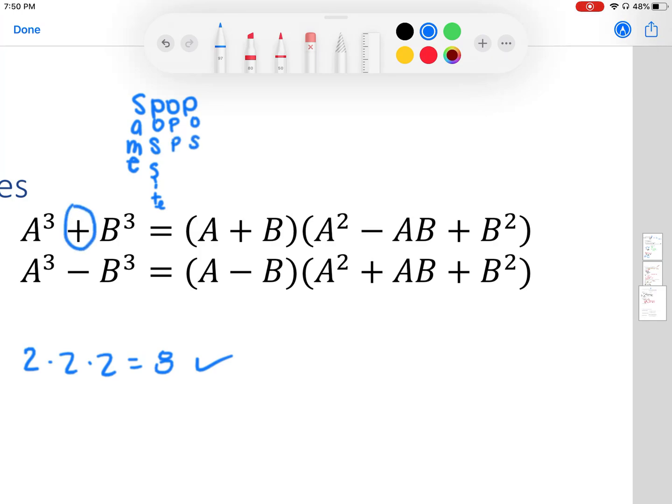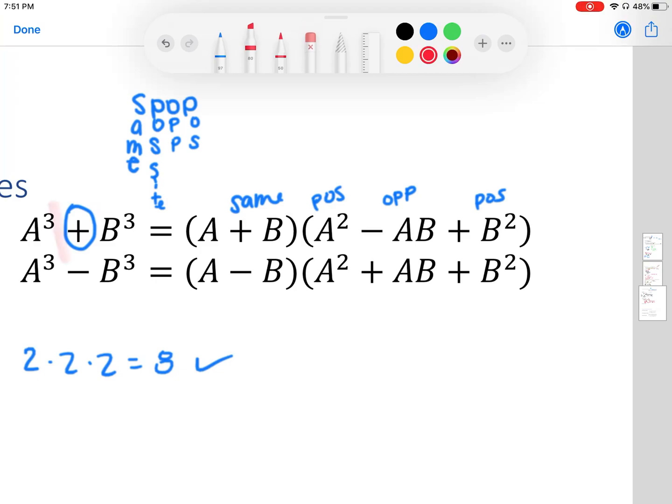If you look at your sign, we have the same sign. That first one's always positive. That middle one is opposite, and then positive. It's been 10 years since, and I still remember SOAP when working with cubics. So I hope that helps you remember.